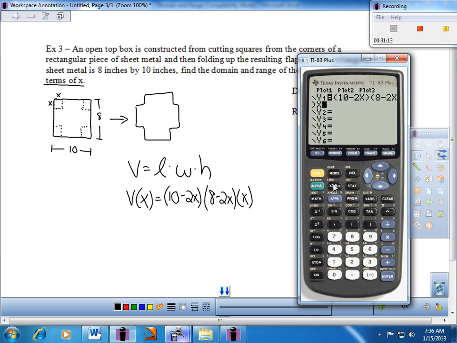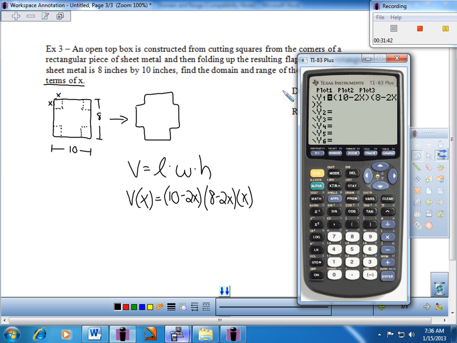Now, it should be noted this is what's called a cubic function. And cubic functions, in reality, have a domain of all real numbers. So it's very tempting to just say, hey, wait a minute, the domain and in fact the range too are all real numbers here.